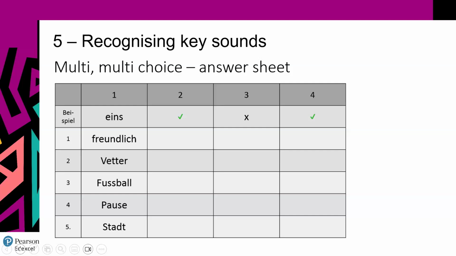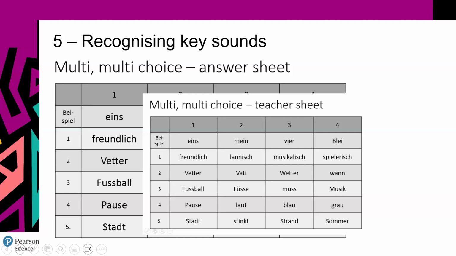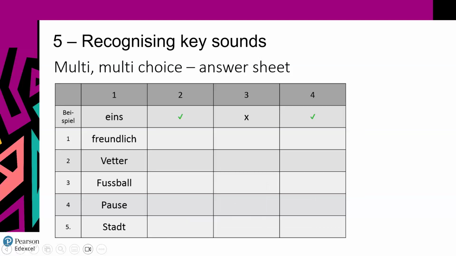sound. So what we could do is say, I'm going to say 3 words, and I'd like you to tick whether they sound the same as eins. So I'm going to say mine, so eins and mine, yeah, the sounds are the same, tick. And then I'm going to say vier. So vier, oh no, it's not the same, because it's not the i sound.